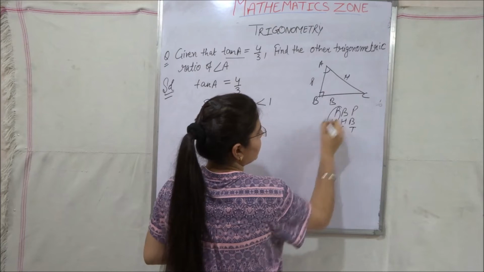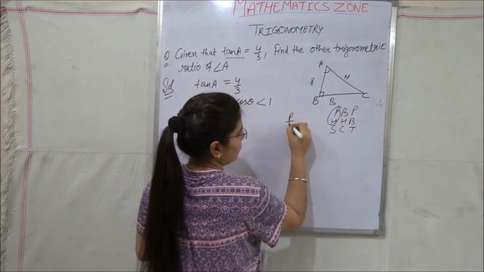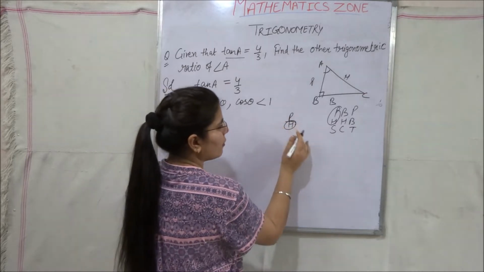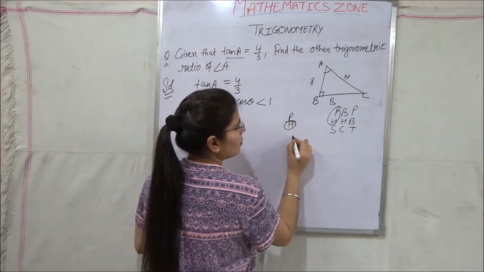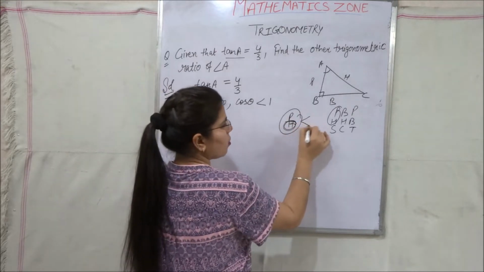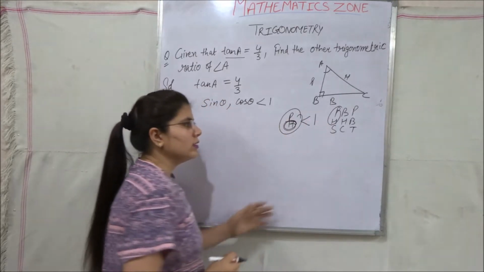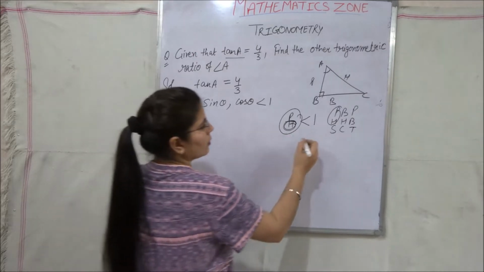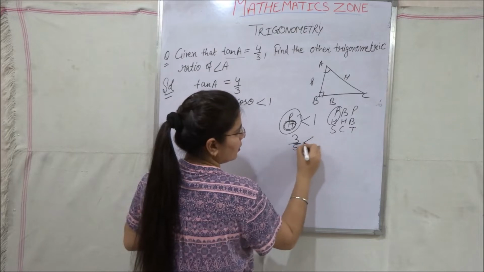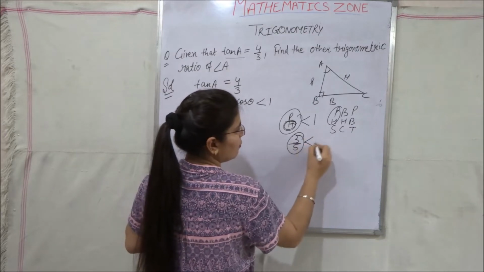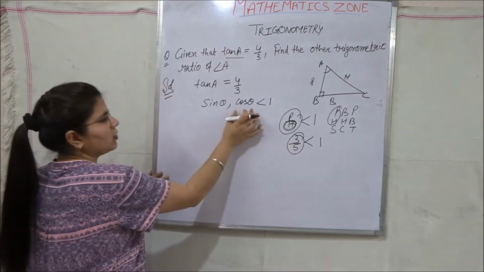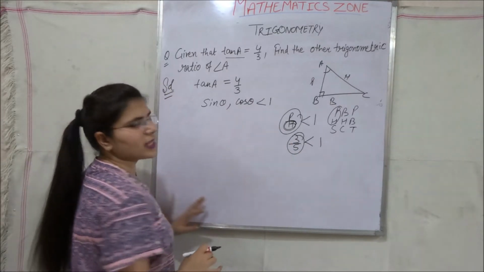So here sin theta is P upon H. Whenever we divide a smaller number by the larger number, the value of that fraction is always less than 1. For example, if we divide 3 by 5, then the value of 3 by 5 will be less than 1. That's why sin theta and cos theta will always be less than 1.